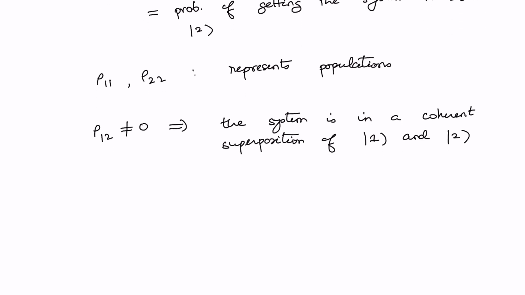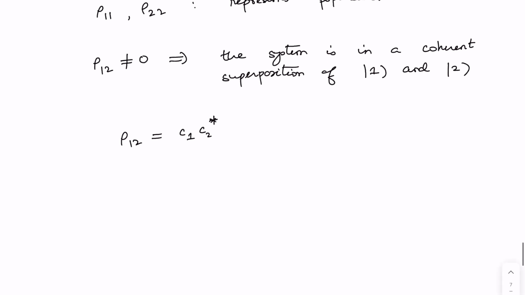They are in a superposition state of 1 and 2, and the similar meaning holds for rho 21 as well. In fact, rho 12, in terms of the amplitudes, is C1 C2 star. C1 and C2 are complex quantities, so I can write it in this form also.